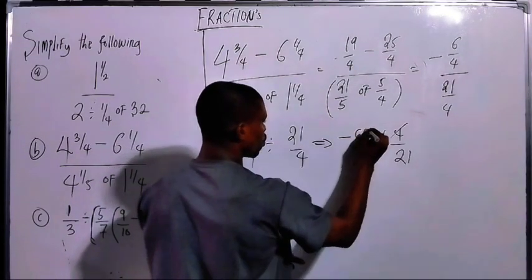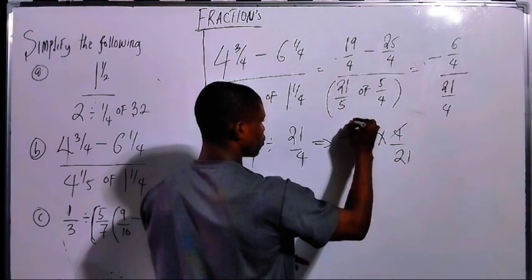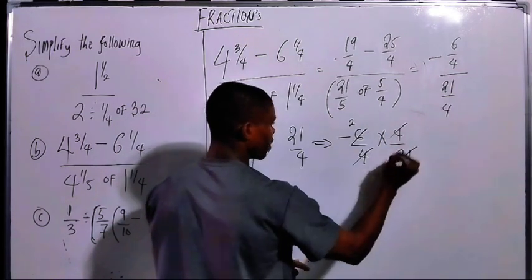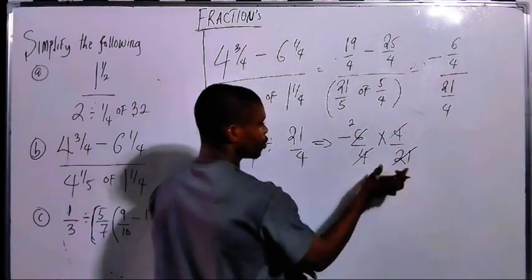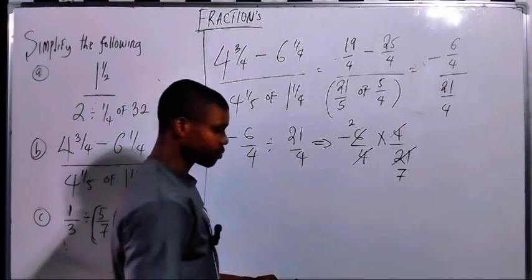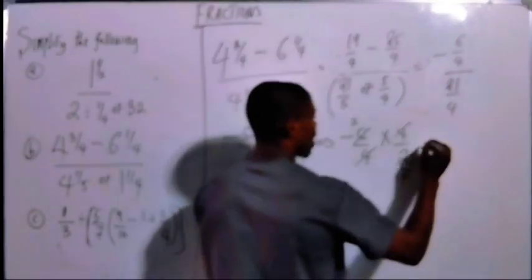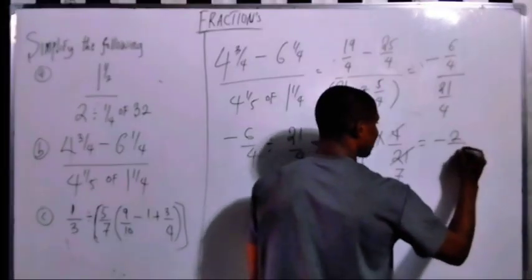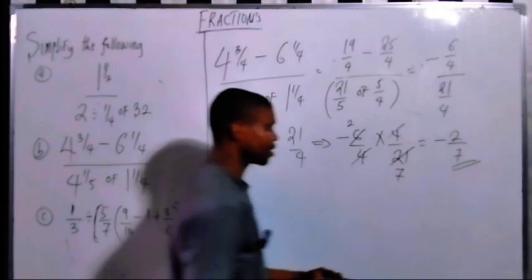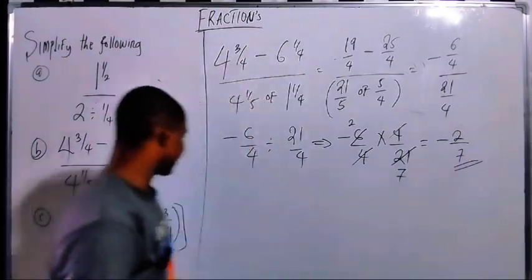So 3 going to 6 is 2, 3 going to 21 is going to be what? 7, right? So what do you have left? Here we now have what? Minus 2 over 7. That is your answer. Minus 2 over 7. So that is it here.